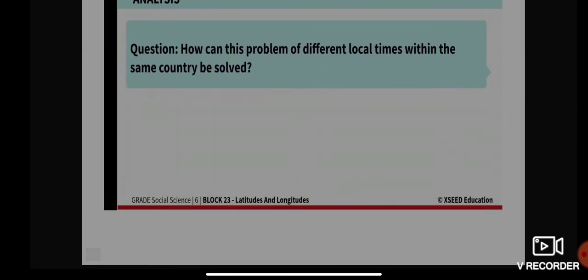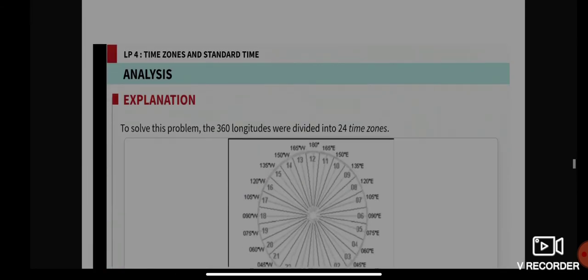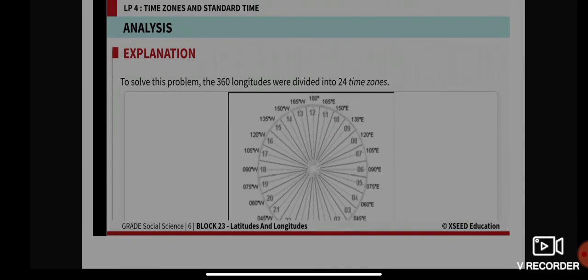So see, how can this problem of different local times within the same country be solved? Very simple. To solve this problem, the 360 degrees of longitude were divided into 24 time zones.